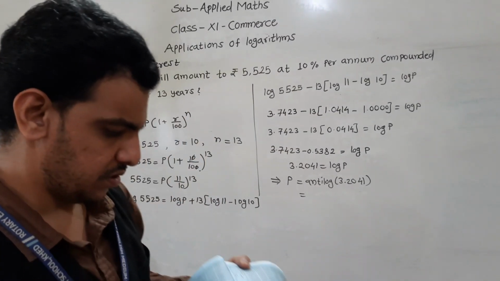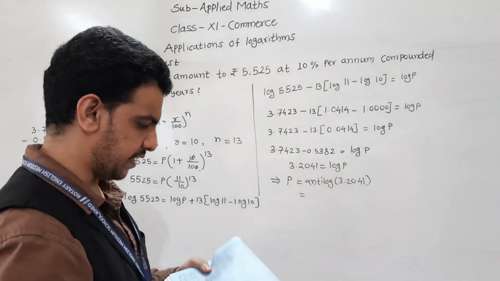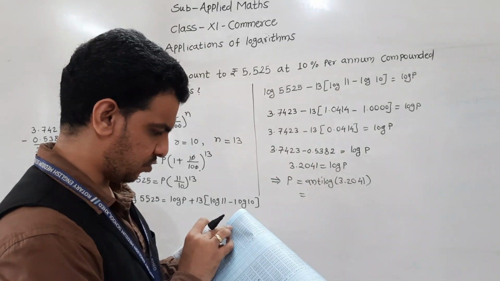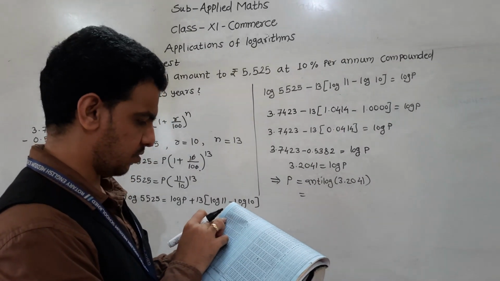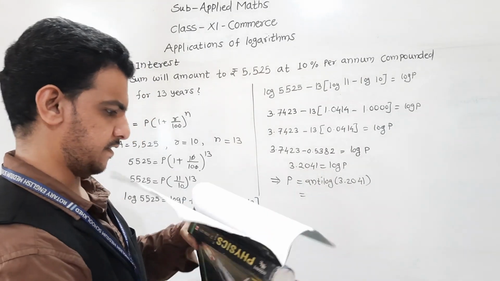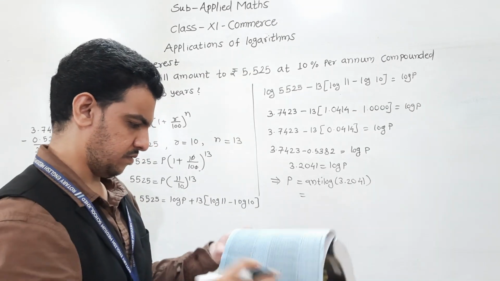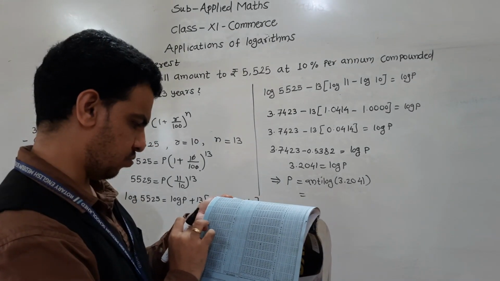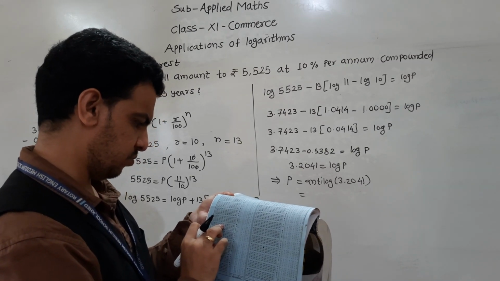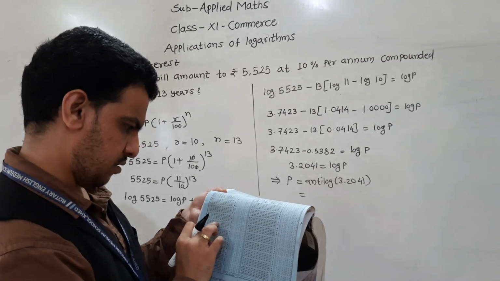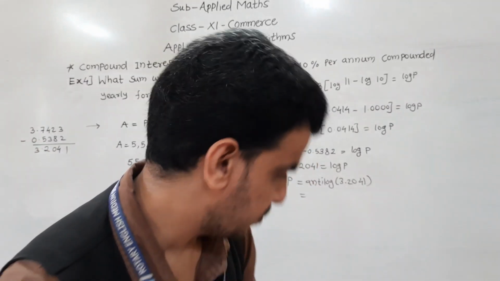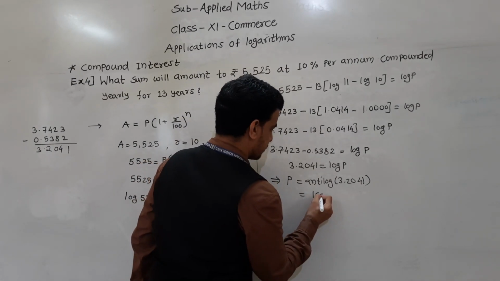So 20th row, column headed by 4, it is 1600, and that number is 0, so 1600.